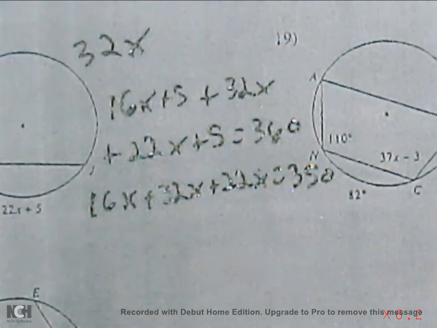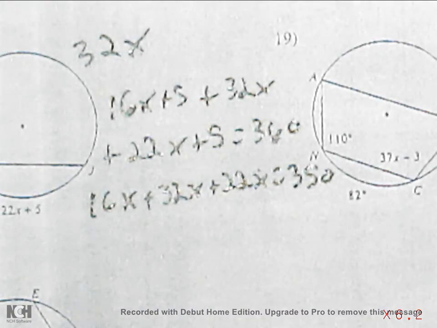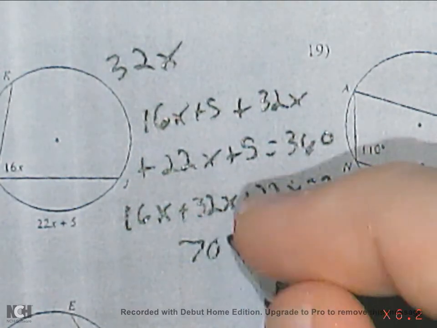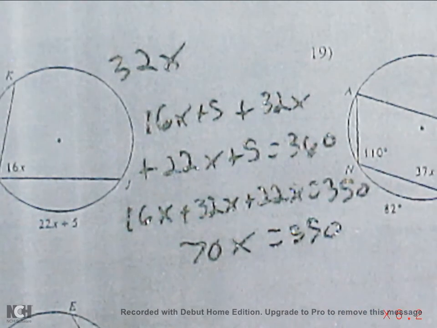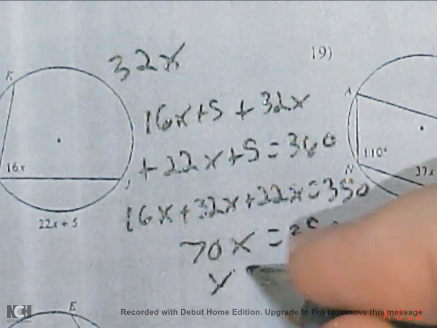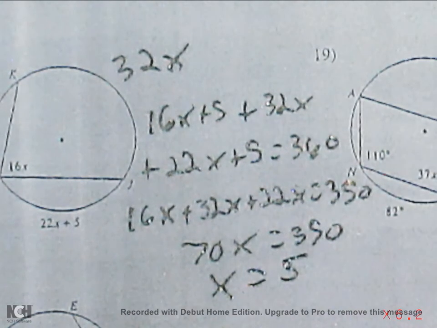Then combine all my x's. 16 plus 32 plus 22 is going to be 70x equals 350. Divide 350 by 70 and x is equal to 5. And that would be my answer.